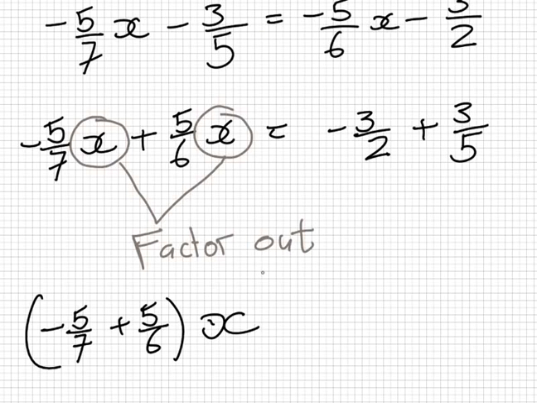So if you hear me say factor out, that's what the verb means. Take the x outside. Again, important vocabulary. Okay, so this is where having your calculator will be helpful.